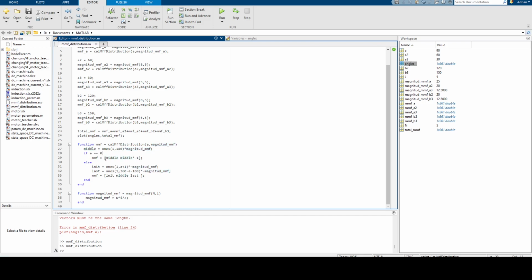Now, if A is 0, then it just has two parts, the middle and the middle minus 1.